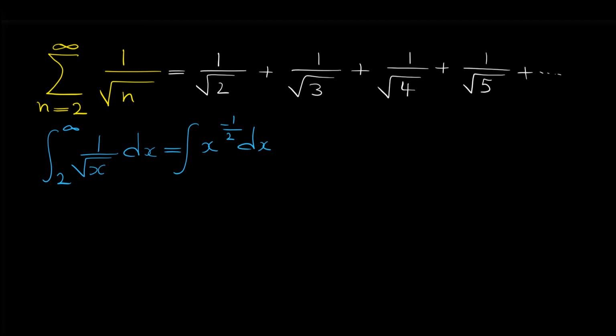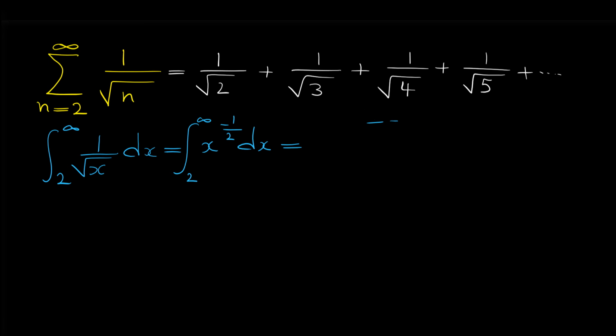The integral of x to the negative 1 over 2 dx is x to the negative 1 over 2 plus 1, over negative 1 over 2 plus 1. Negative 1 over 2 plus 1 is 1 over 2.